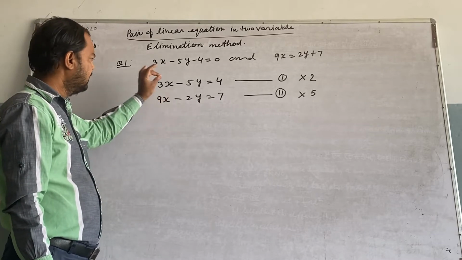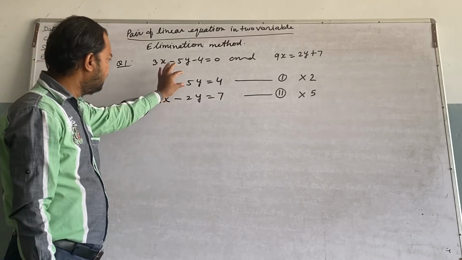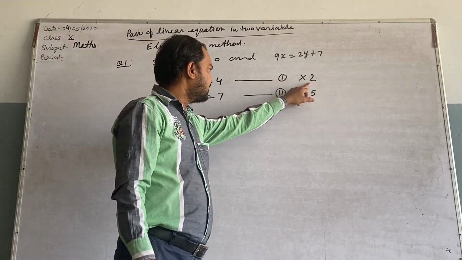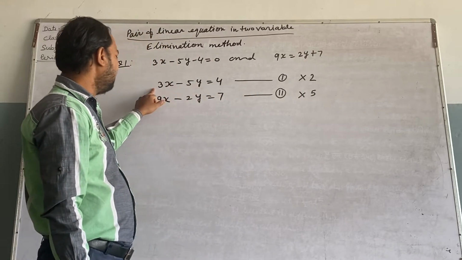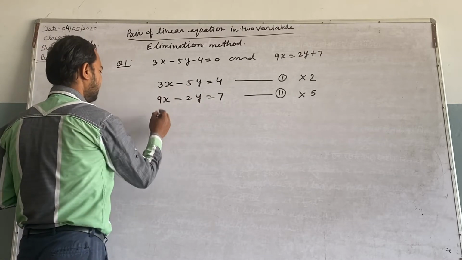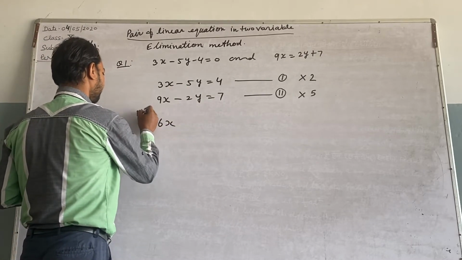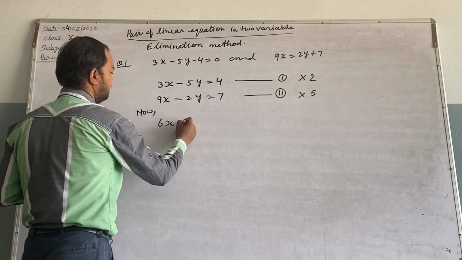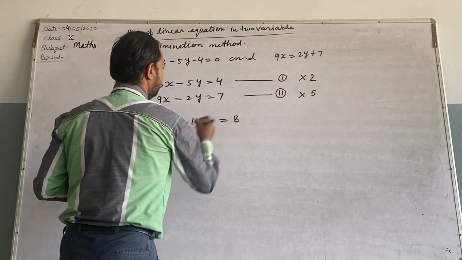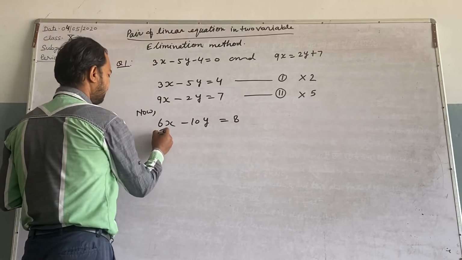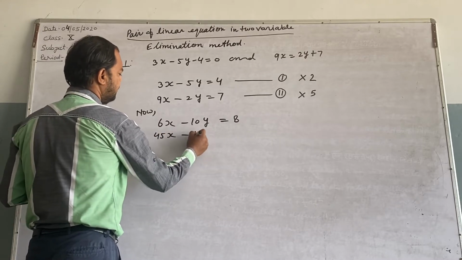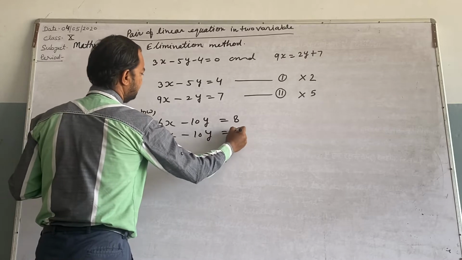When you multiply, our purpose is to equate this coefficient, but when you multiply any number in this equation, we have to multiply each and every term of the equation. So 2 multiply 3 gets 6x, 2 multiply 5 gets 10y, 2 multiply 4 gets 8, 5 multiply 9 is 45x, 5 multiply 2 is 10y, 5 multiply 7 is 35.